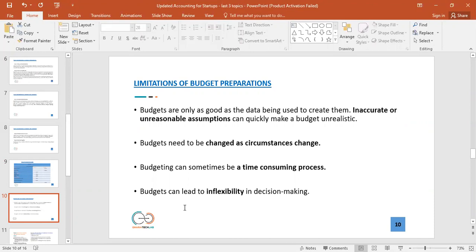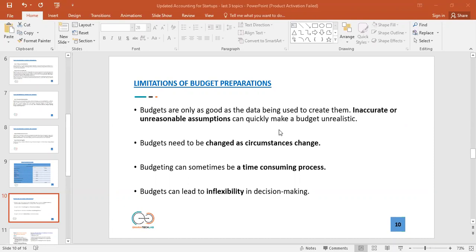If you don't put the right data there, you might not get the right results, but at least there has to be a range. You know your business, you know for some time now what you have been doing. So there has to be a range of what you do so that you can make a realistic budget that you can actually work with, so that at the end of the month you have the motivation to create another budget.